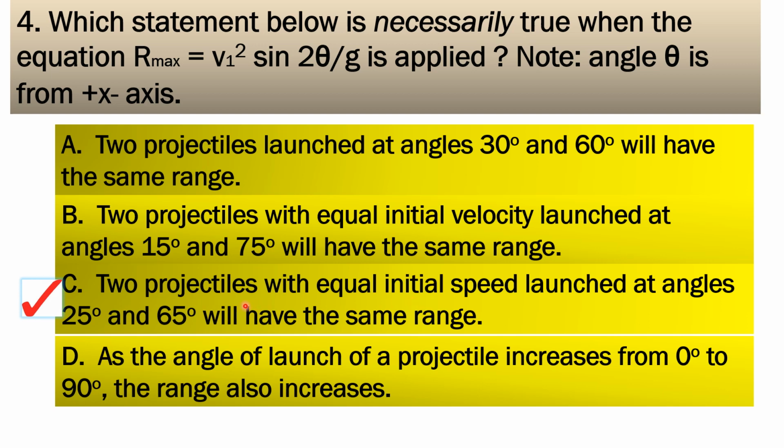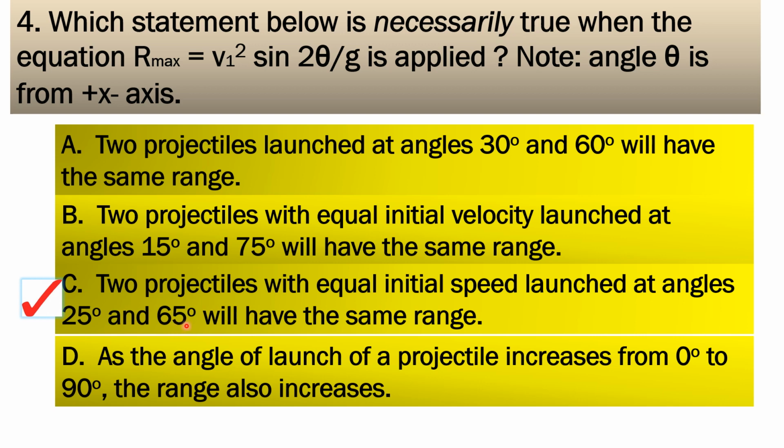It's just that the angles of projection are different. And 25 as well as 65 are complementary angles. So when substituted in the formula, the sine value of twice the theta of 25, that means 50, the sine of 50 degrees is just equal to the sine of 130 degrees.